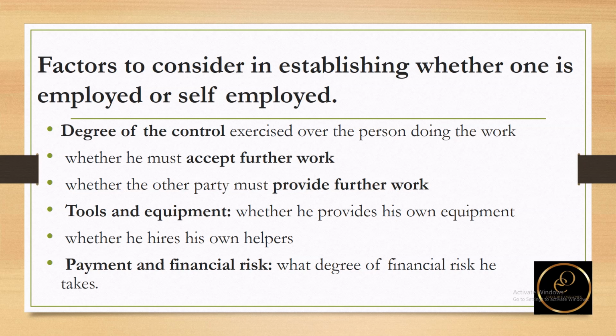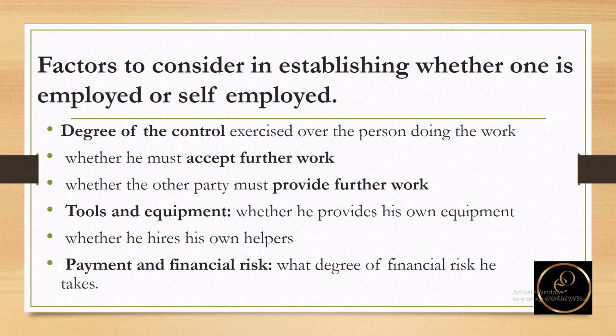The other aspect that needs to be looked at is whether one who is doing work is capable of accepting further work, whether he must accept further work. When you look at an employee in a work environment, the supervisor can come around and assign this person further work, and he has to comply because they are an employee.